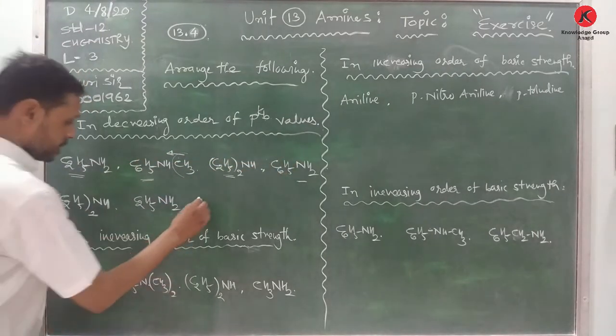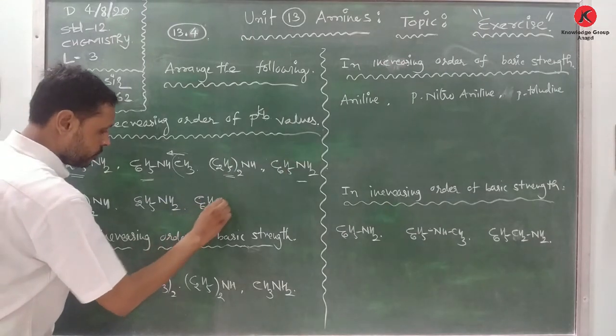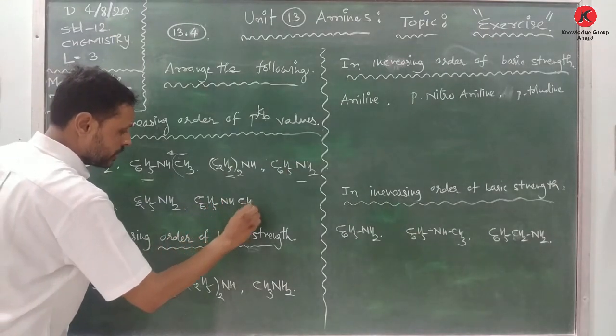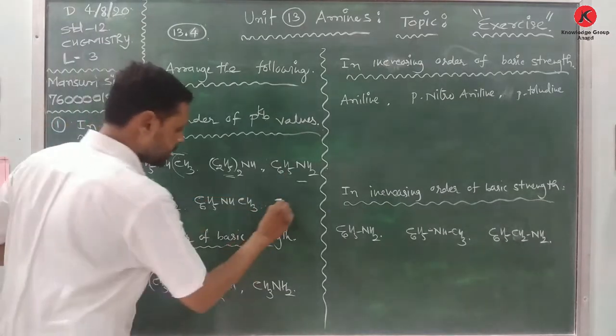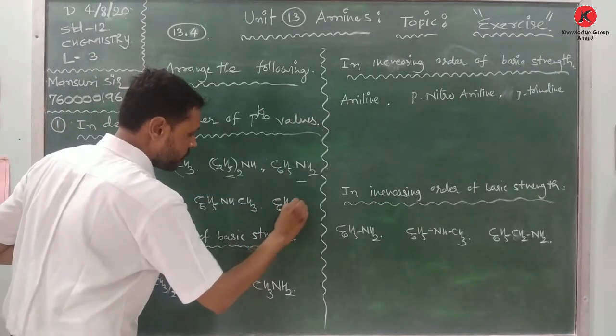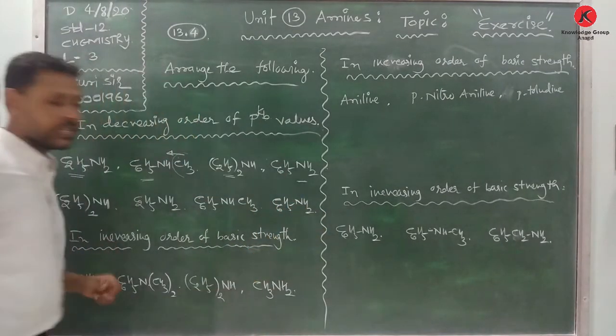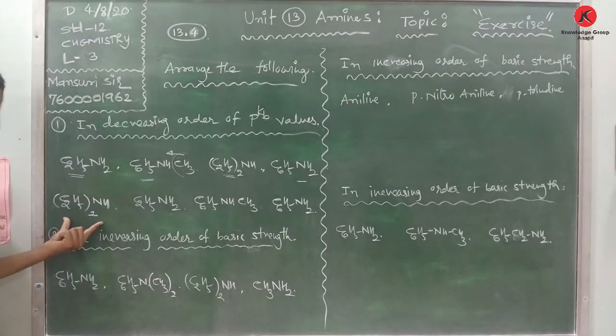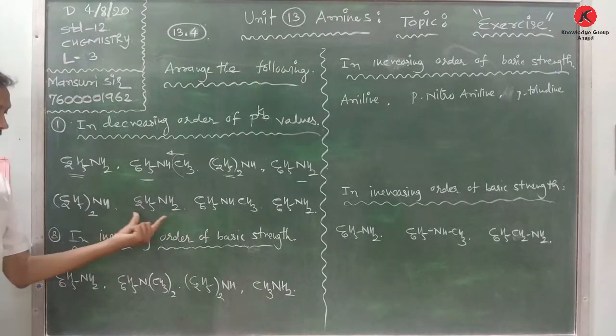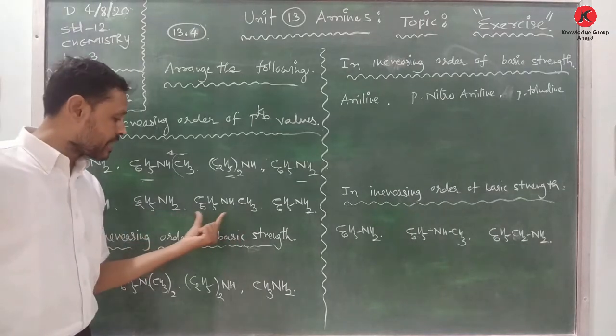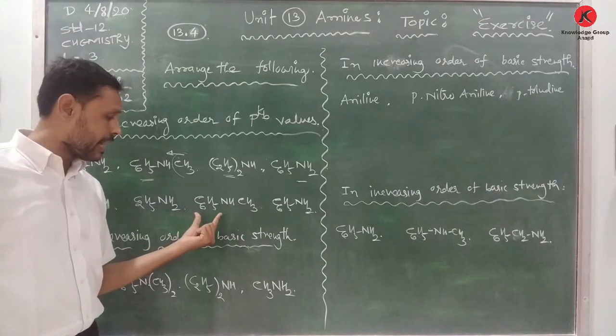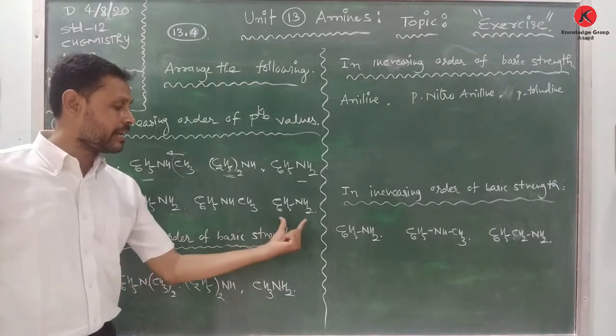So here C6H5NHCH3 and last C6H5NH2. So we can say that dialkylamine is more basic than alkylamine. Alkylamine is more basic than N-methylaniline. N-methylaniline is more basic than aniline.